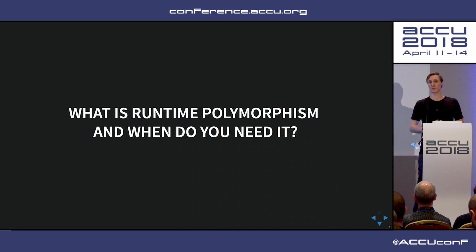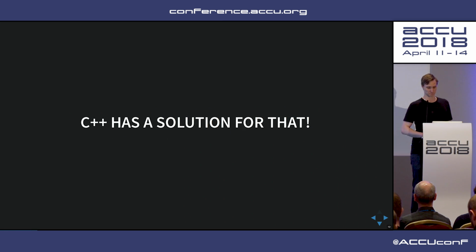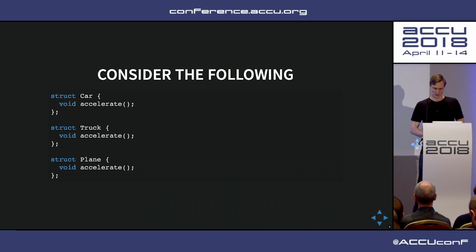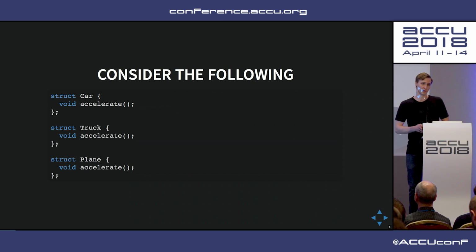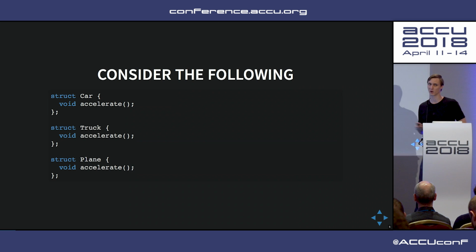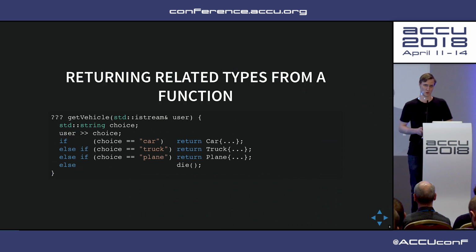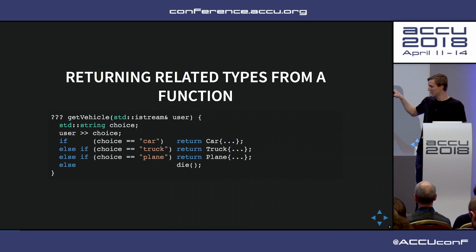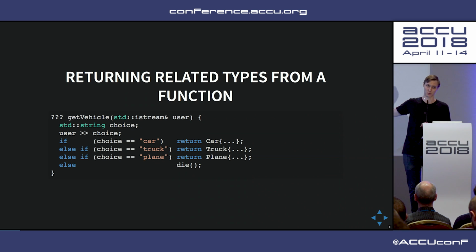when do you need runtime polymorphism, right? Imagine you have a bunch of classes, and they're all related by their interface. They all have something in common. And say you want to return any one of these types from a function. The important part here is that which type we're going to return depends on something that's known only at runtime.